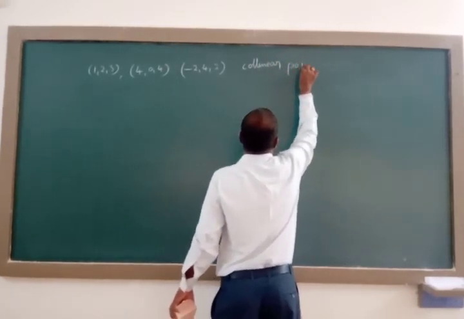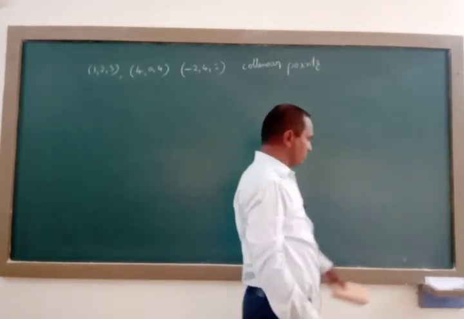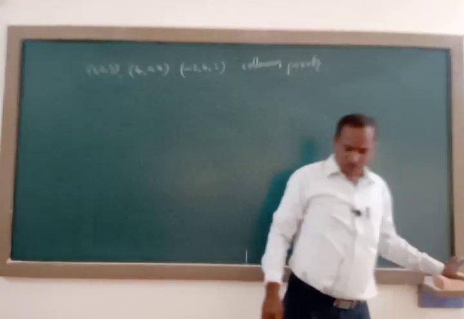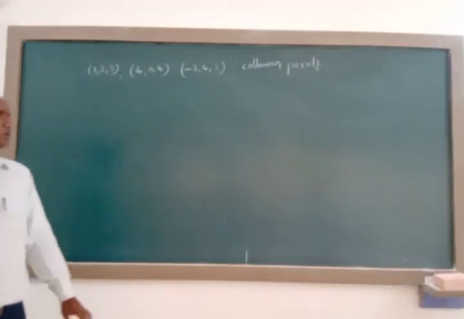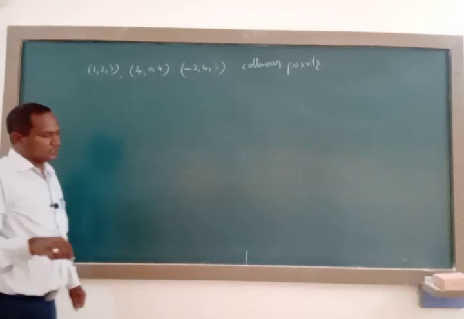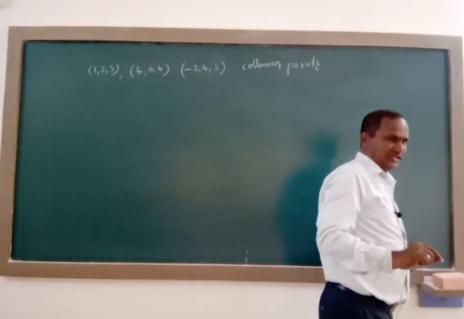Collinear points means they always lie on the same line. Of course, we have some different types of conditions in geometry, but right now we are in vectors, so we must apply the methods of vectors only here.